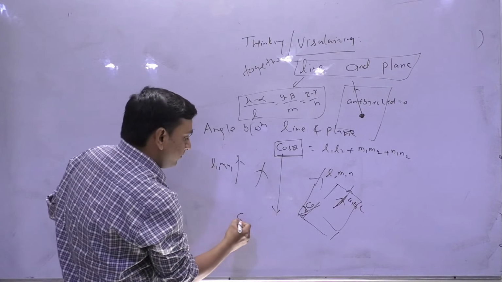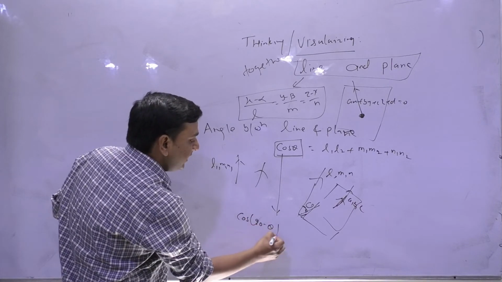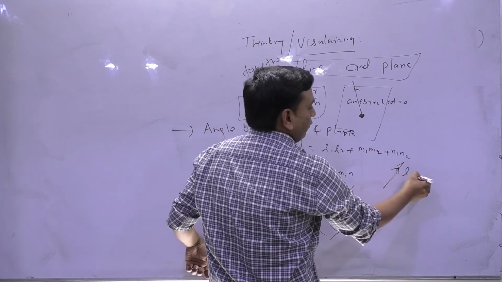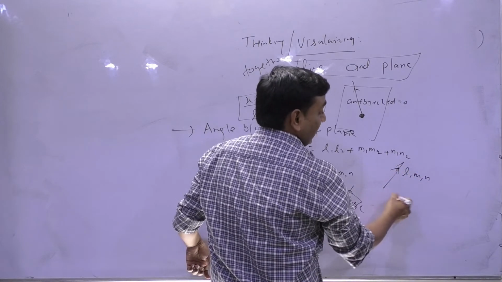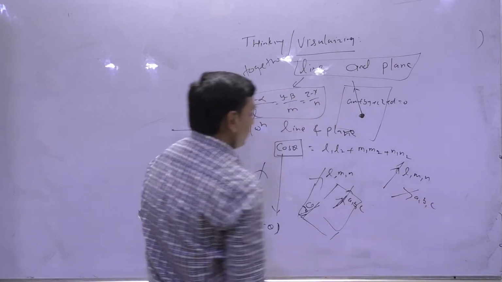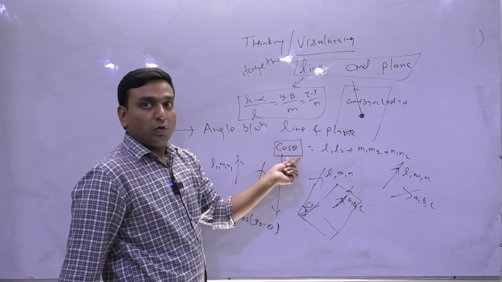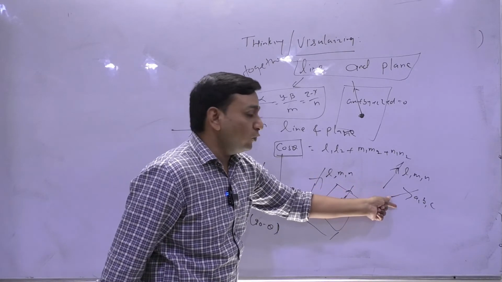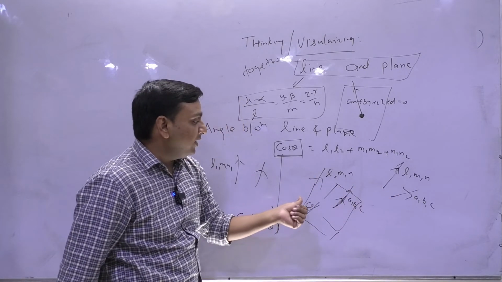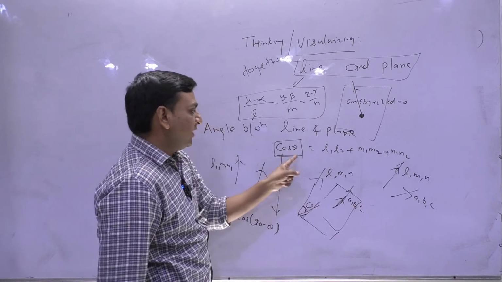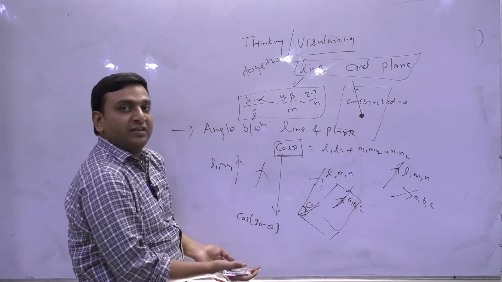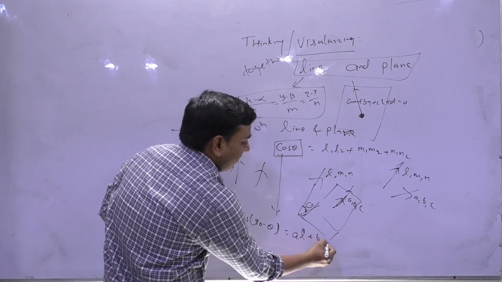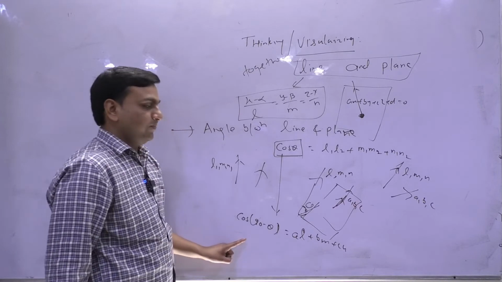So what I do, cos 90 minus theta means I have taken two lines, one as LMN, other as ABC. So by this formula, what will be cos theta for these two lines, but I want angle of intersection between line and plane, so that theta will be cos 90 minus theta or not, and AL plus BM plus CN.